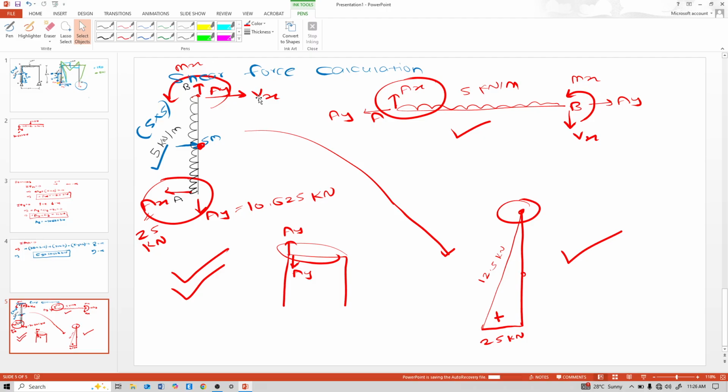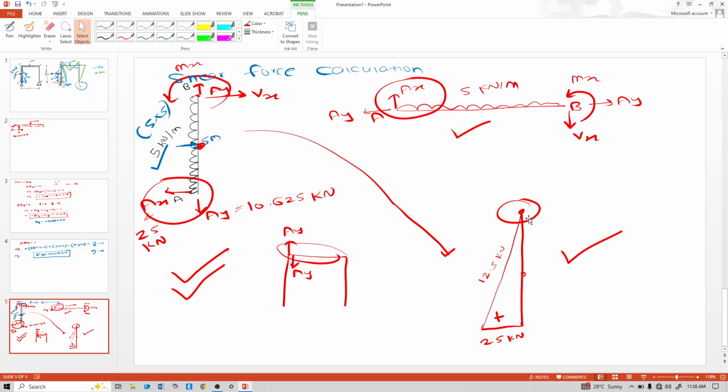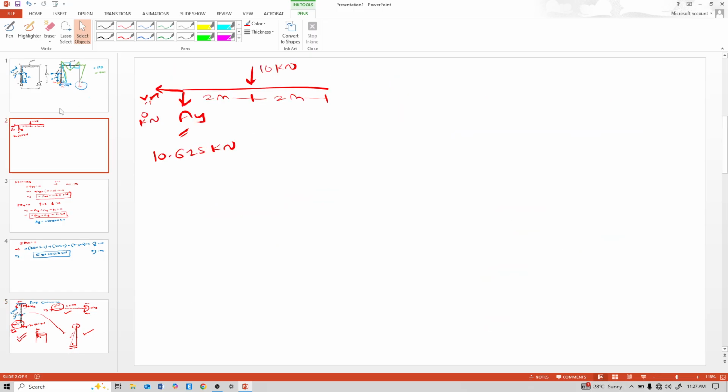So here this Vx is equal to 0 kilonewton. And see, moment is also 0 here. So here also moment is 0. Moment equal to 0.